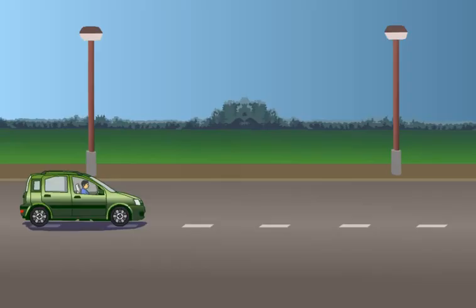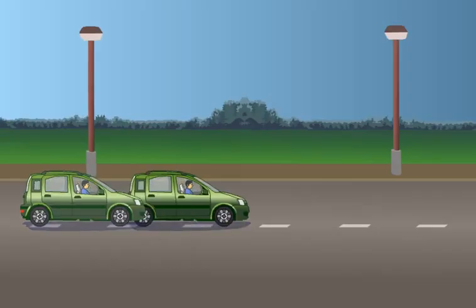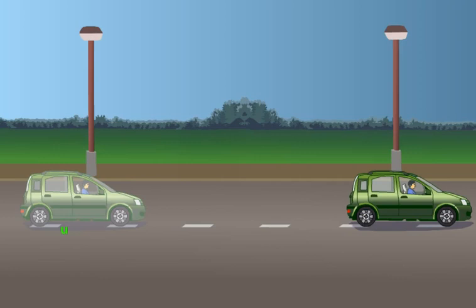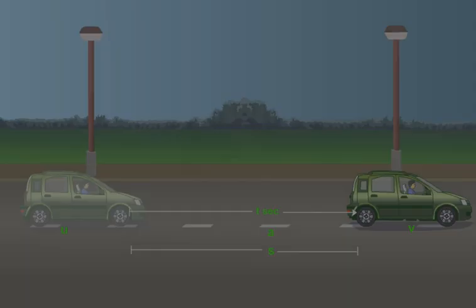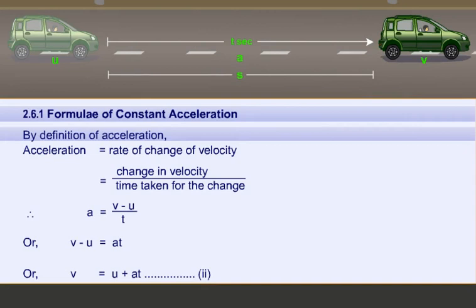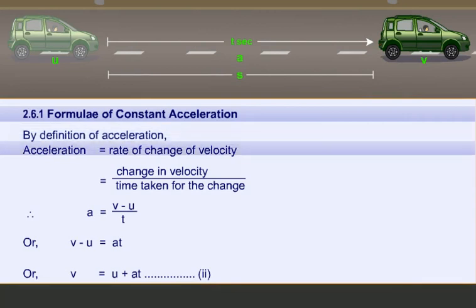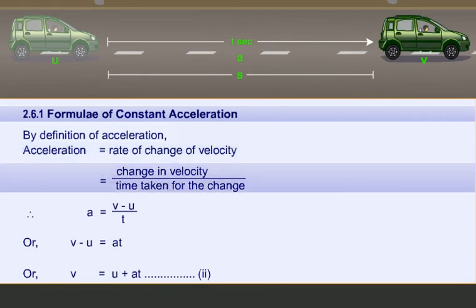Students, let a body move from rest. Its initial velocity is equal to u. It travels for t seconds and acquires a velocity v. When the velocity changes from u to v, its acceleration is a and it covers a distance s. Now, by the definition of acceleration, acceleration is equal to rate of change of velocity, that is, change in velocity divided by time taken for the change.